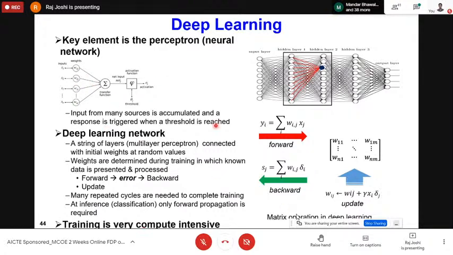So this is the training cycle. As you can see, you go forward and backward, forward propagation, and this is an iterative process. So training is very compute intensive.